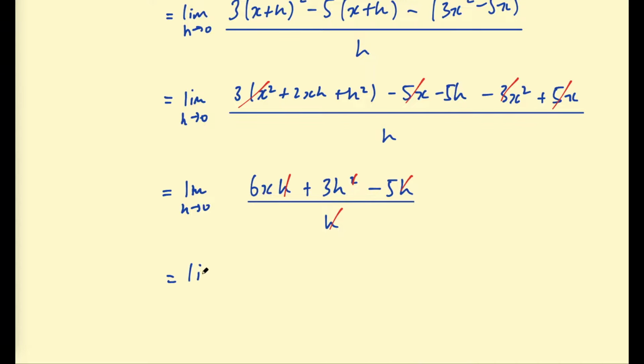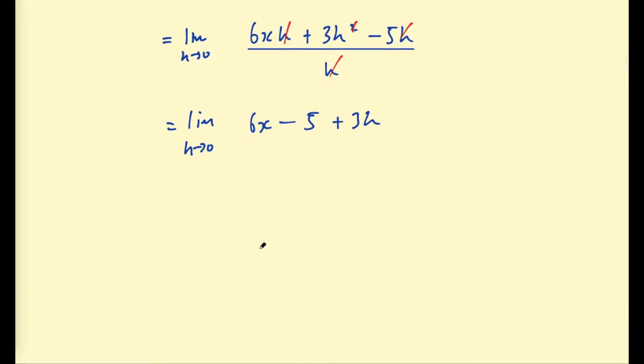So we end up with the limit as h approaches 0 of, let's write it like this actually, 6x take 5 plus 3h. And now we evaluate what's happening at the limit as h approaches 0. So as h approaches 0, what's happening? Well, 3h is going to approach 0 also. So for the derivative, we're going to be left with 6x take 5.